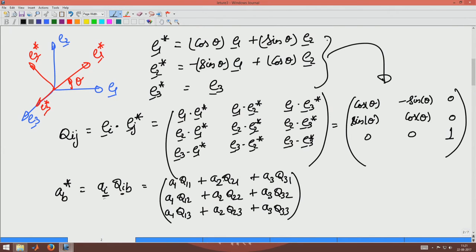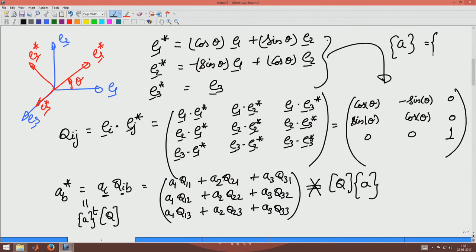Now, this is not equivalent to multiplying this matrix Q with this A. This is not equal to that, but this is equal to A transpose multiplied by Q. If I think of the vector as being a1, a2, a3, this is the operation that gives me this initial notation, but I want to write it in matrix form, okay.